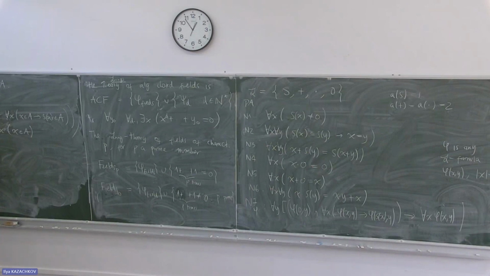Show that if any other N satisfies Peano arithmetic 2, let me call this Peano arithmetic 2, let me call this N, then N has to be isomorphic to the actual natural numbers.